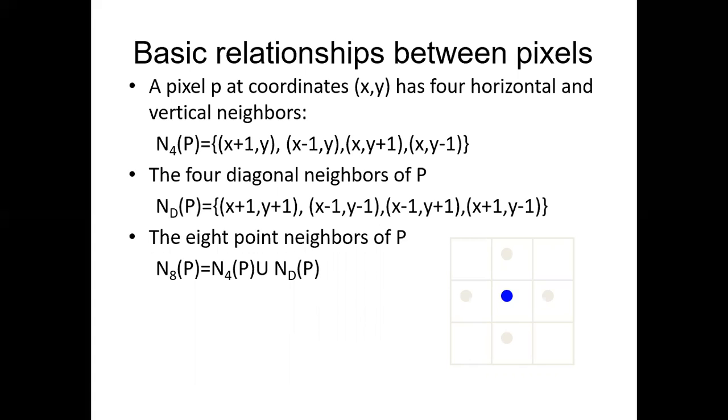A pixel P at coordinate (x,y) has 4 horizontal and vertical neighbors: N4(p) = (x+1,y), (x-1,y), (x,y+1), (x,y-1). These are the basic horizontal and vertical neighbors. Similarly there are 4 diagonal neighbors and 8 neighbors of P.